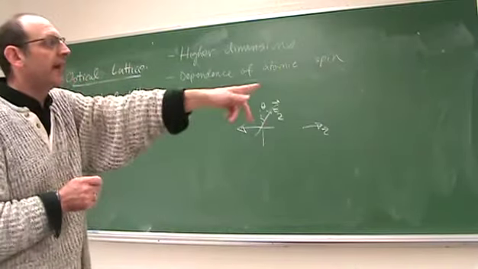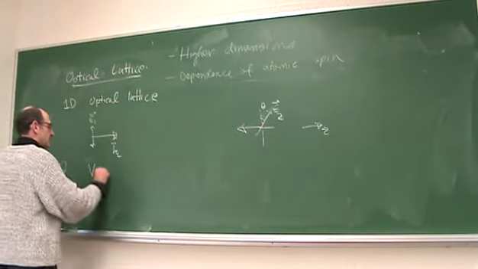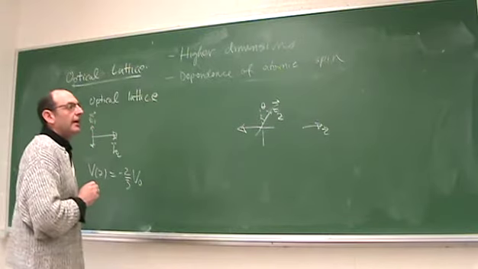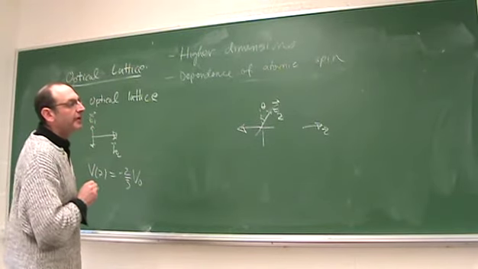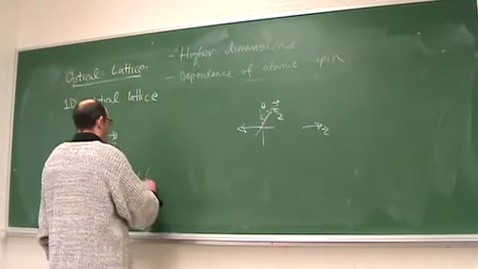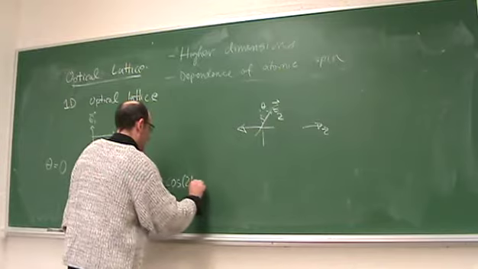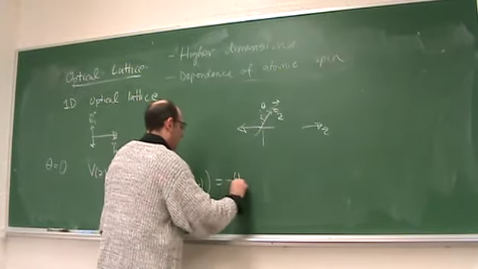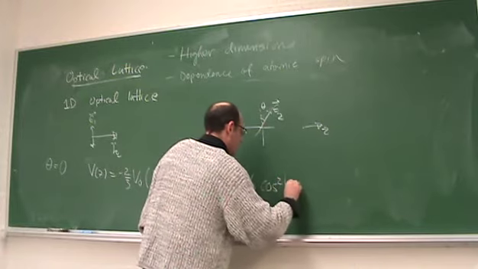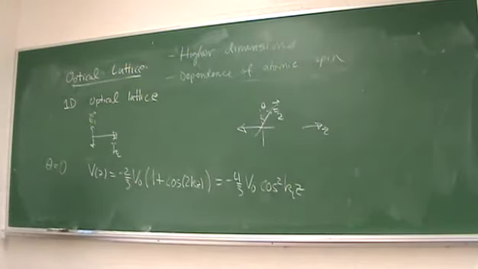So theta is 0, the sine is 0, I get V is minus 2/3 V naught, V naught being a positive number, times 1 plus cos 2kz, or minus 4/3 V naught cos squared kz. Okay.